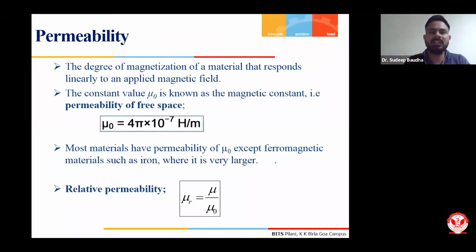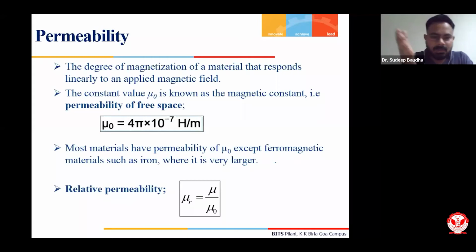They are dual in nature. I have electric field and I have magnetic field. Ease of passing of electric field can be defined in terms of permittivity, and ease of passing of magnetic field can be defined in terms of permeability. So the same importance which permittivity has in electric field, permeability has in magnetic field.